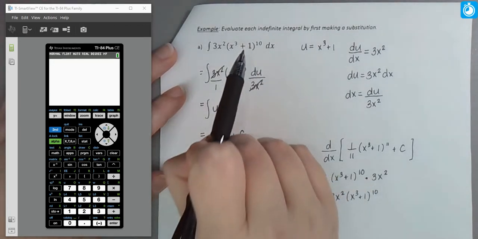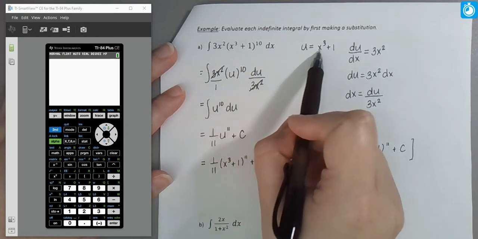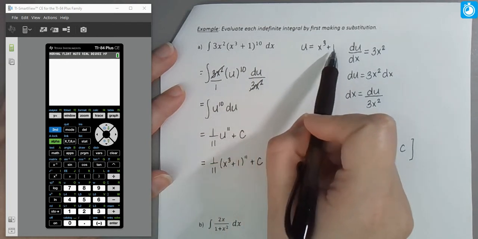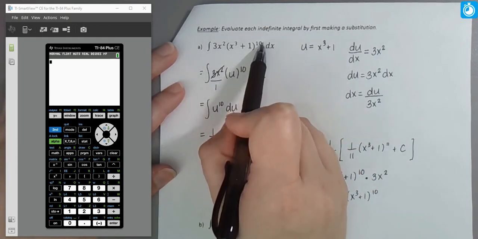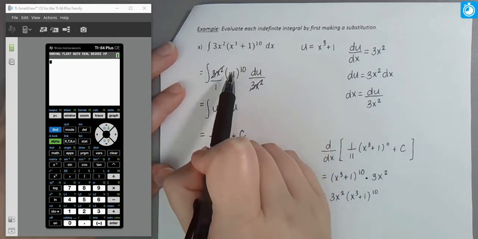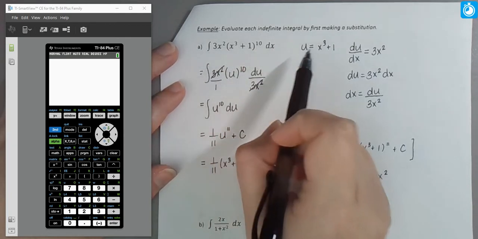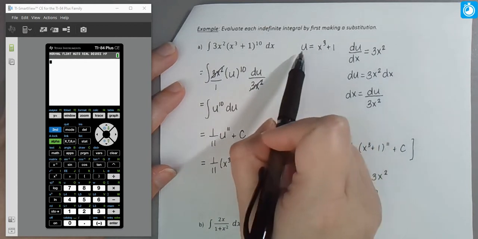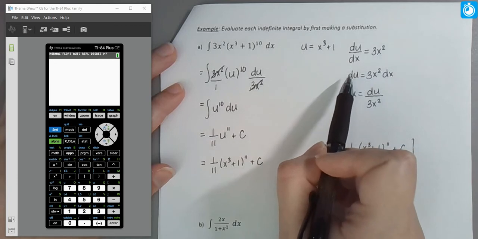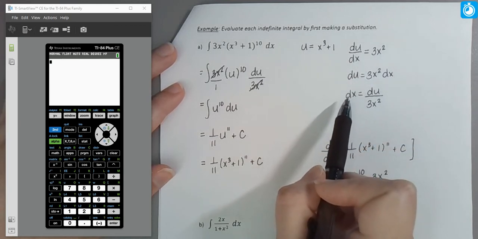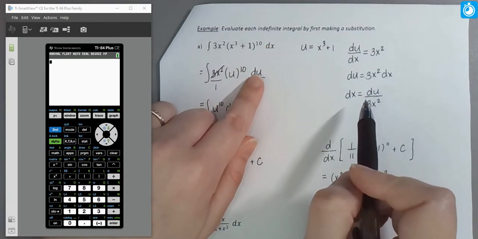So noticing that, we then substituted for x cubed plus 1. We determined we're going to make the substitution. In place of x cubed plus 1, we're going to put the variable u, and so this becomes u to the 10th power. But once that variable changes, the differential changes as well. So we differentiated the equation we have for our substitution, and then we solved for du, we solved for dx, and we replaced dx with what we just found.